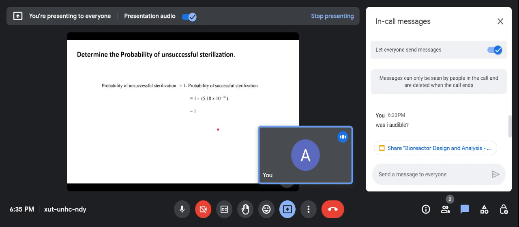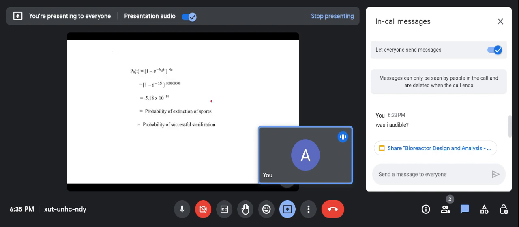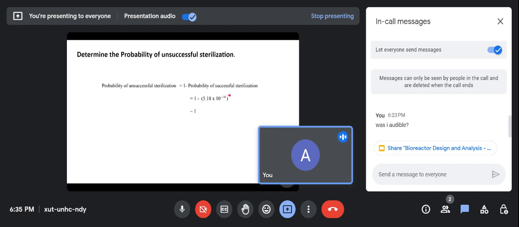Okay. Now the second question is to determine the probability of unsuccessful sterilization. So you know that the total probability will be 1, right? So 1 minus the probability of successful sterilization will give you the probability of unsuccessful sterilization.